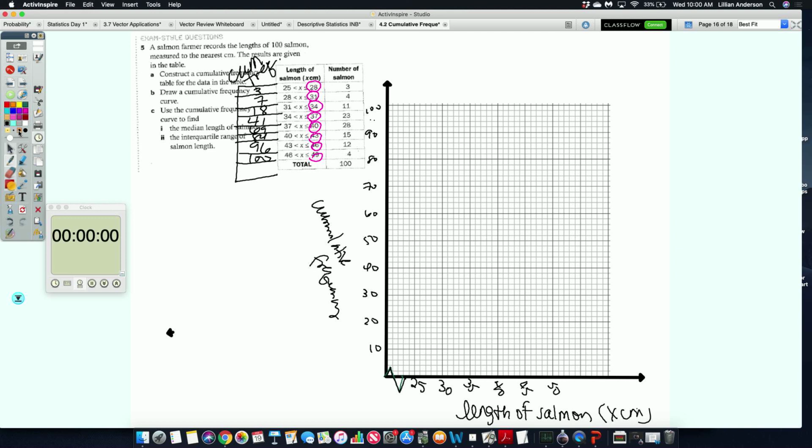25 and 0. The reason why it's 25 is because, like you guys said, it overlaps. So if I actually had more data before 25, 25 would be the upper boundary of the previous class, so then that would be the lower limit for this class. Then I'm going to be at 28 and 3, and since every line on my x-axis is by 1s and on my y-axis by 2s, 3 would be here.